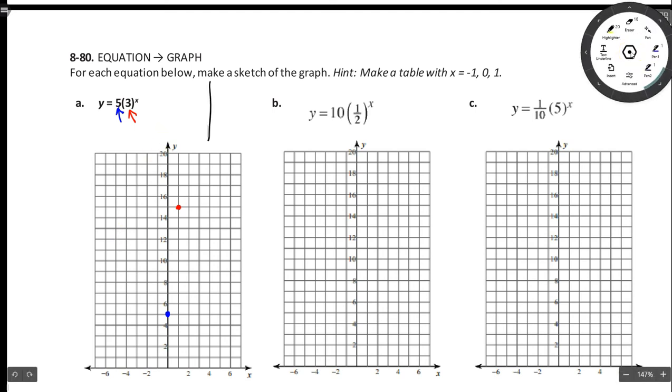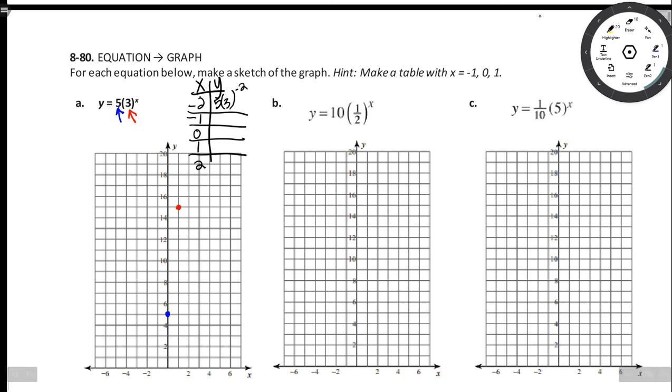So if you make a table, I could just start by using -1. Let's do -2. And you could just plug in points to your equation and see what you get. So 5 times 3, and you're substituting -2.